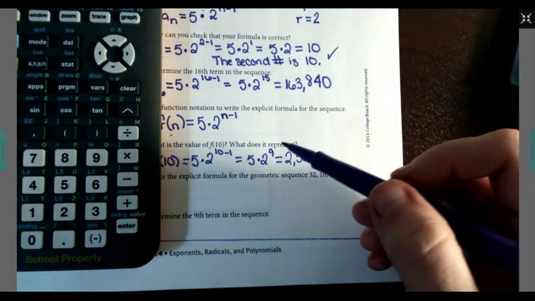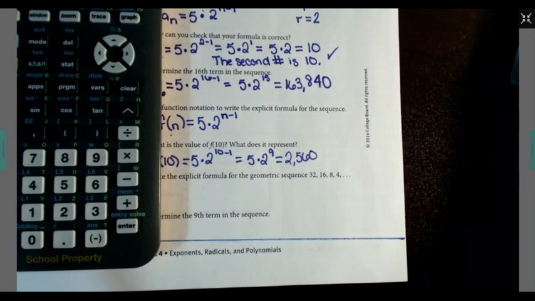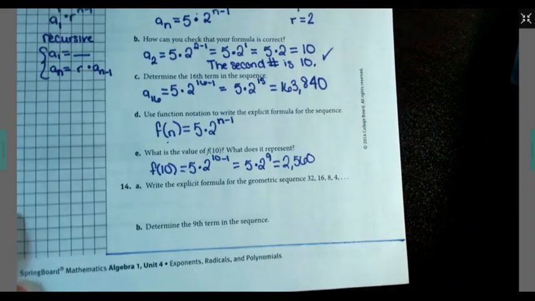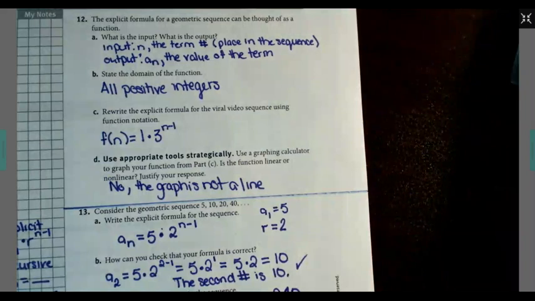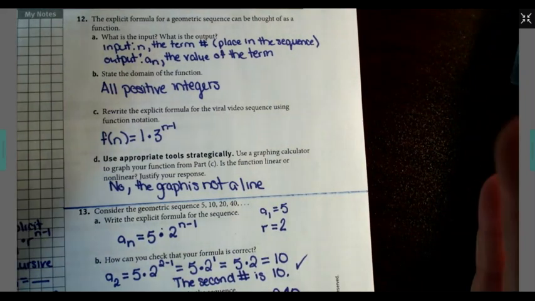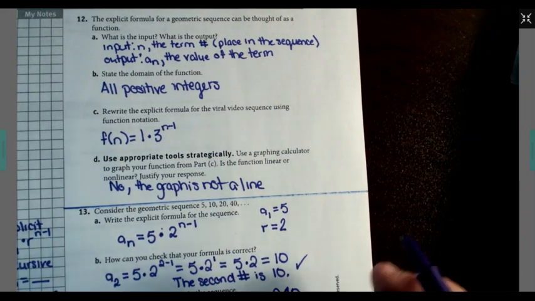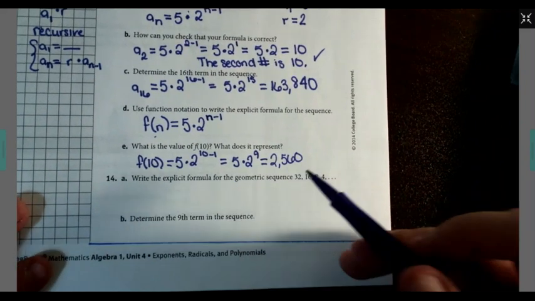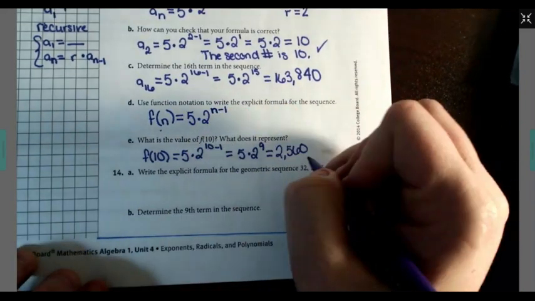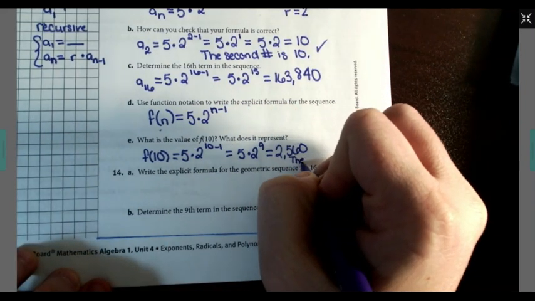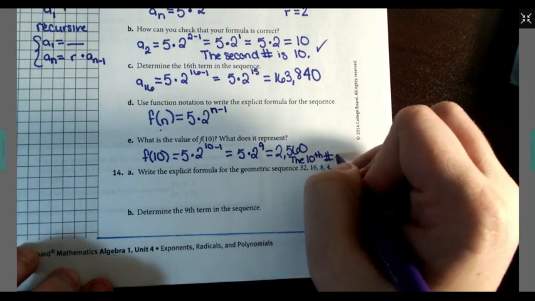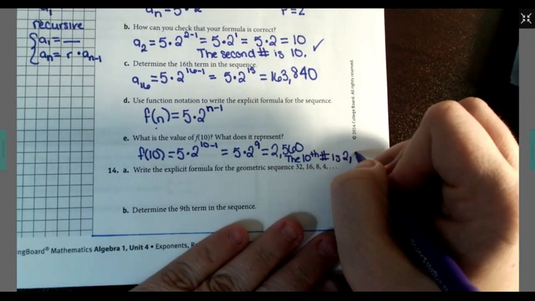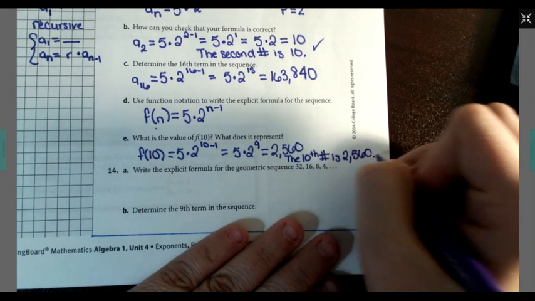And the question asks, what does this represent? Remember, what is my input? We said input was the term number or the place in the sequence. So the 10th number in the sequence is 2,560.